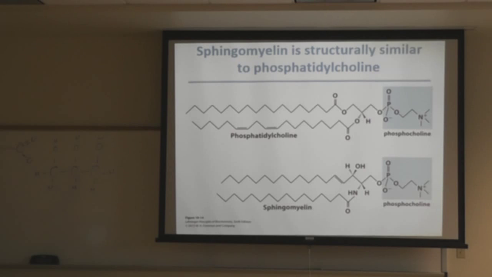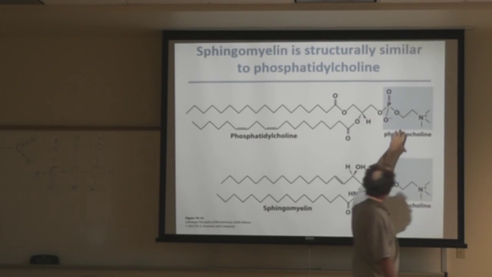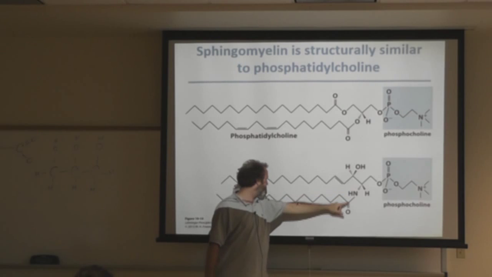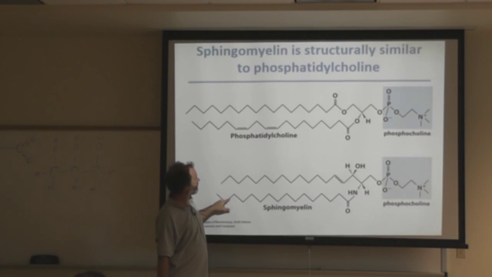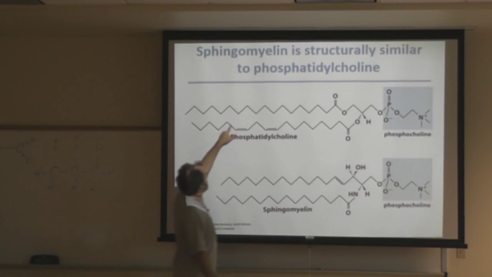So they're structurally similar. If you look at sphingomyelin and phosphatidylcholine, they're really similar looking, right? So you still have the phosphocholine head group. The only difference is you have this amide group in the sphingomyelin versus just another unsaturated free fatty acid with the phosphatidylcholine.